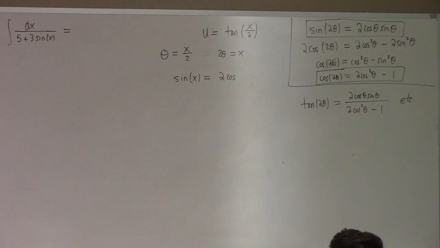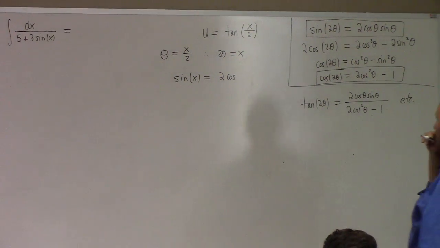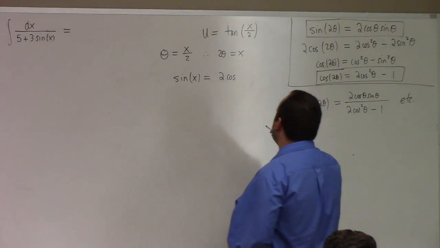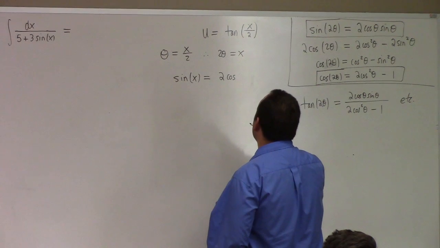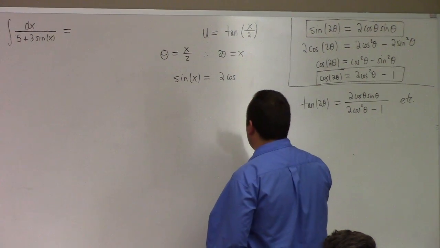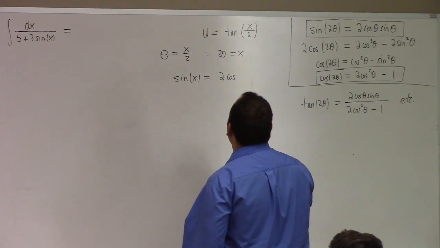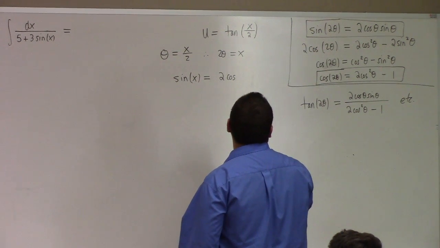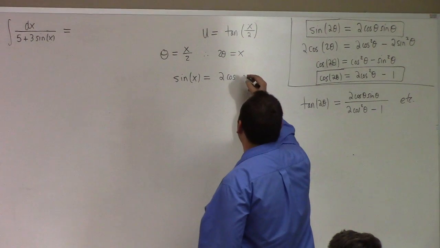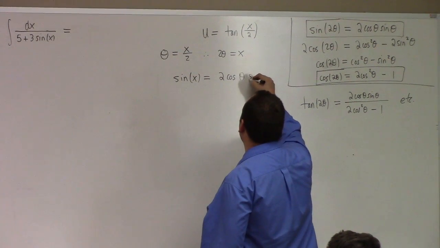On page 432, he gets that sine of x is 2u over 1 plus u squared. Let's see here. Maybe I'm doing this the wrong way. Let's see here. How else could we attack this? So cosine theta, sine theta, right?